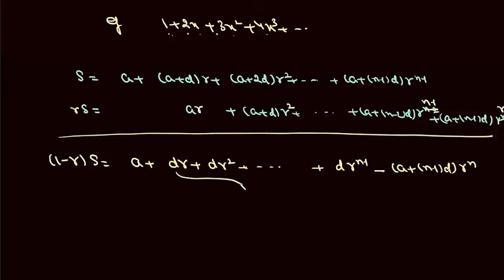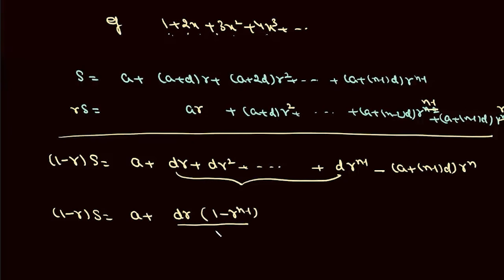Now this is nothing but a GP containing n minus 1 terms. So we'll use the formula for the sum of a GP. So we'll get 1 minus R into S as A, and the sum of a GP is A into 1 minus R to the power n, and n in this case is n minus 1, upon 1 minus R. And this is minus A plus n minus 1 d, R to the power n.